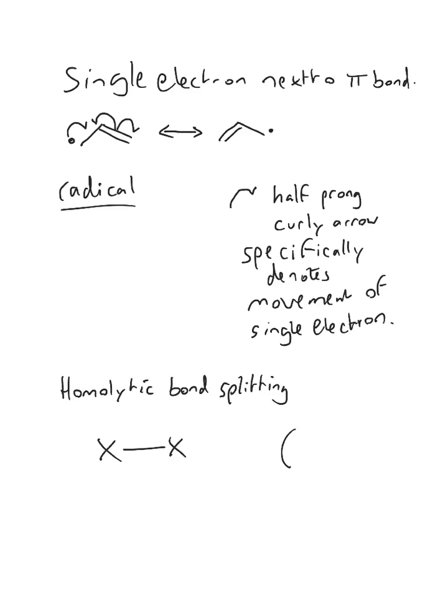Recall that this is X with two electrons in between them to form the bond. The bond splits equally with one electron moving one way and one electron moving the other to give you two radicals.